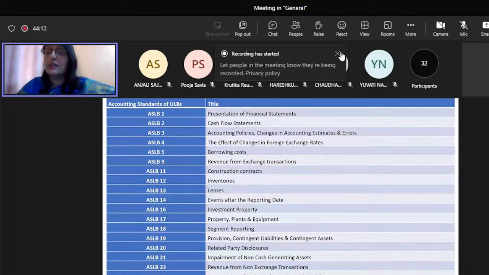I was present in the meeting, and I saw how much effort they took to draft these accounting standards for local bodies. Initially there were only a few, but now we have 42 accounting standards for local bodies. If all these are followed properly, a day will come when all the local bodies are self-sufficient and show very good performance.